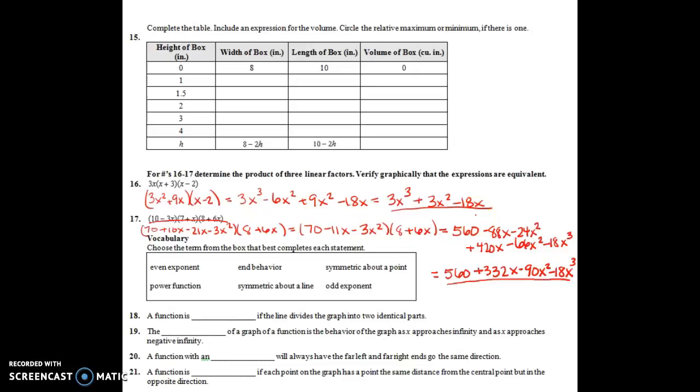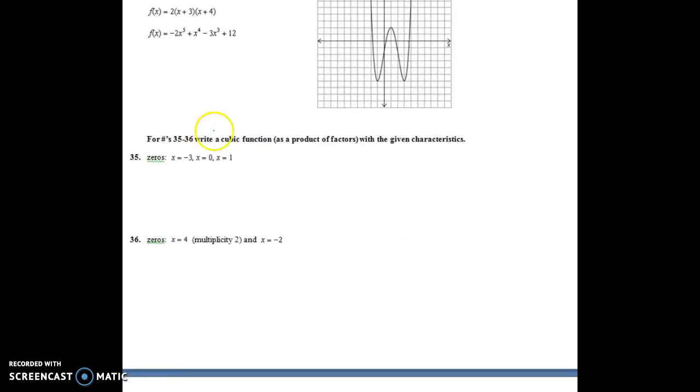The other questions from Chapter 3 that are simplifying are, if you flip a few pages on, problems 35 and 36. So these are two other questions that do the simplifying standard. Again, zeros are x-intercepts. And it says just write the cubic function as a product of factors, and that's all we're doing.